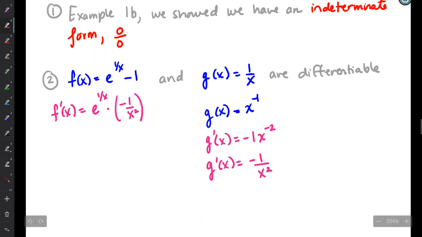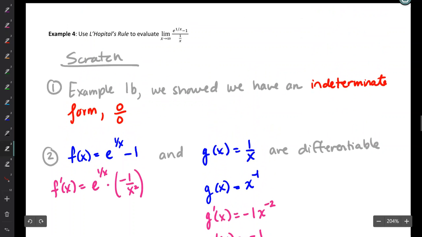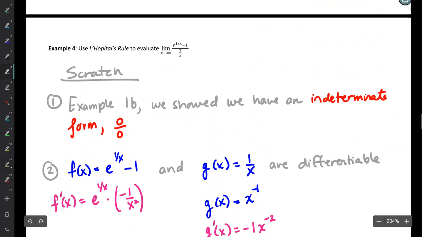The third thing that we need to claim is that the derivative of the denominator function is not equal to 0 for x values near wherever we're approaching, and in this case we're approaching positive infinity.